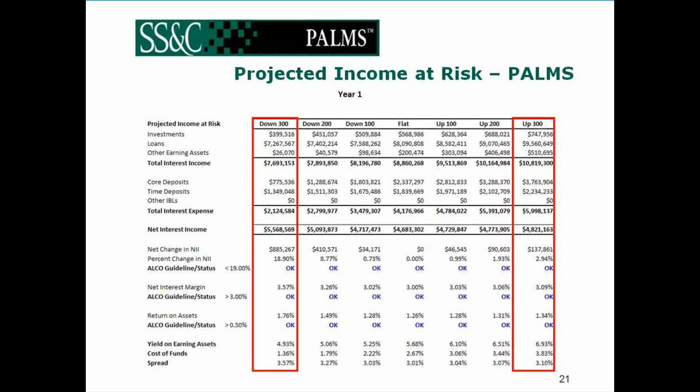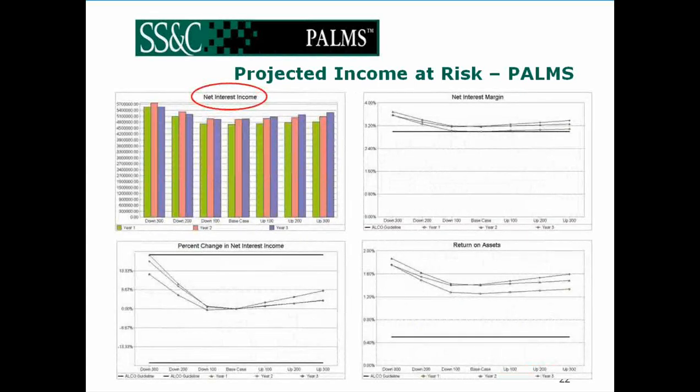It also reports on the spread. Other types of charts and graphs can also act as stepping stones from the previous report. We have here net interest income, the net interest margin, the percent change, and return on assets. And these would be for each of the different scenarios and base case for the different shocks.